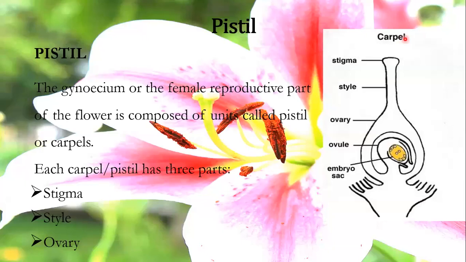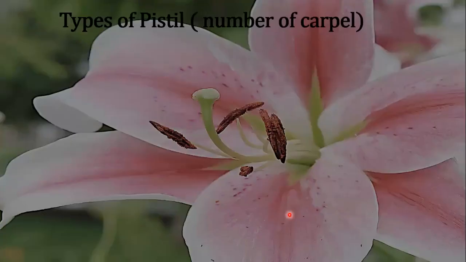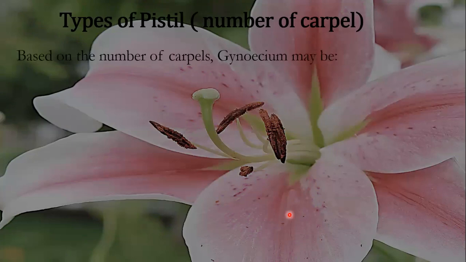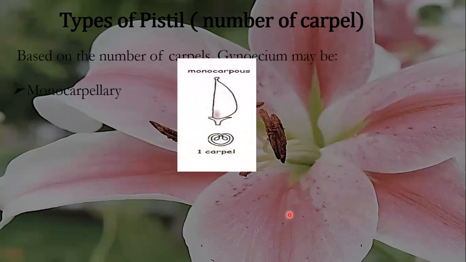Next, moving on to the types of the pistil. The types of the pistil are of 2 types. The first type is on the basis of the number of carpels, how many carpels are present in the gynoecium. If the gynoecium consists of only 1 carpel, we call it monocarpellary.